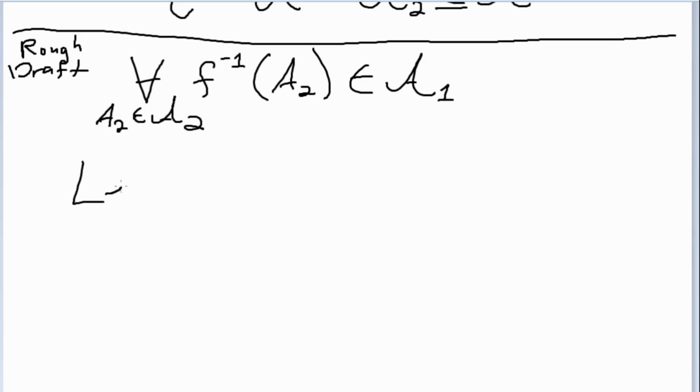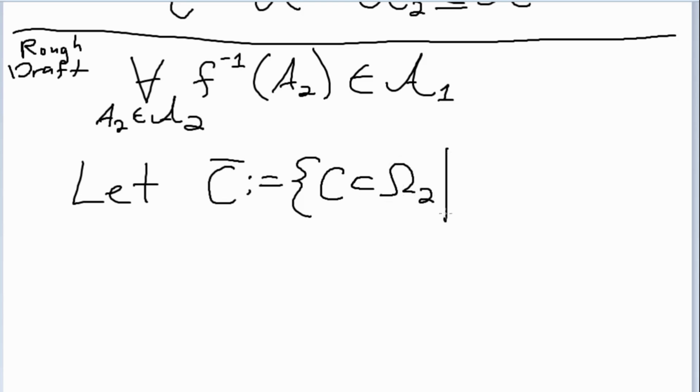Let's define this set here. Let's call it C bar. Let's say this is comprised of all the subsets of Omega 2 for which it is the case that their pre-image with regard to f is in A1.